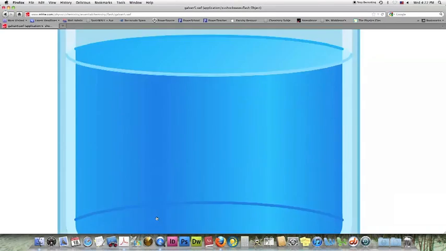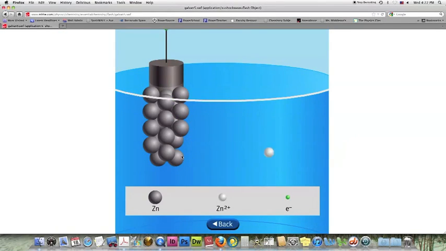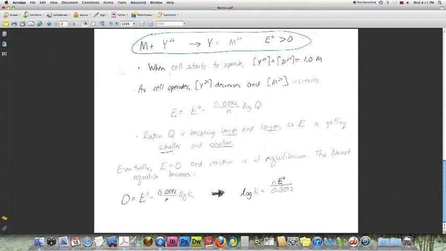Over here on the other side, we know that our zinc metal is corroding away, but notice that that's increasing the amount of zinc that's in the solution. So in general, it's true that once your reaction starts to happen, you automatically start to lose your Y2+ substance and increase your M2+ substance.